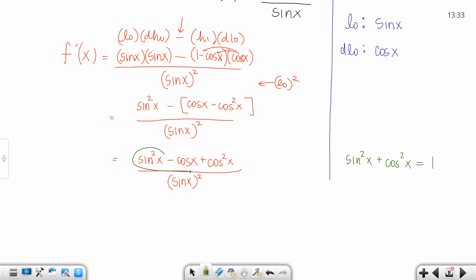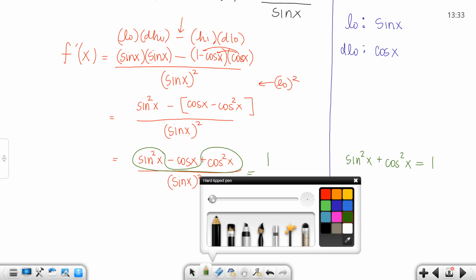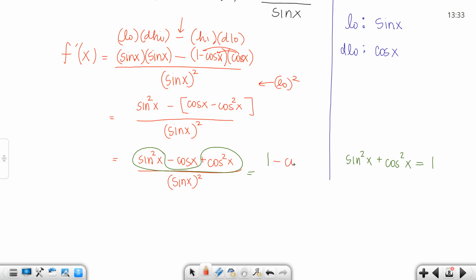So if you look at this top portion right here, sine squared plus cosine squared equals 1. So what I would get on the top was the 1. That 1 came from the green blob there, for lack of a better word. Sine squared plus cosine squared is 1. What's left on the top after that is minus cosine of x, and that's going to be over sine squared of x. And that's what your answer for that one would look like.